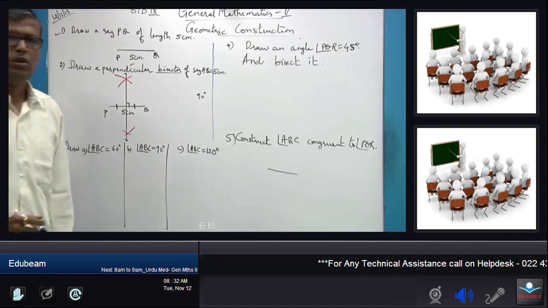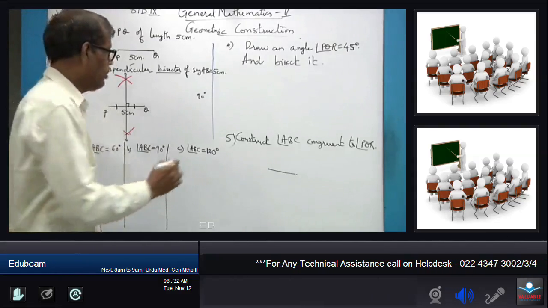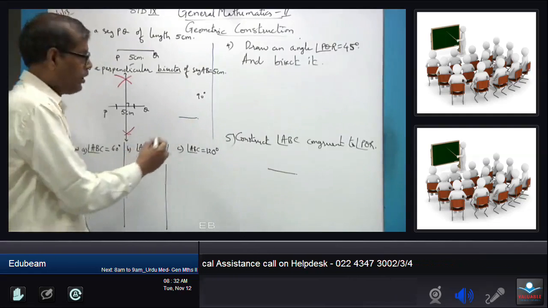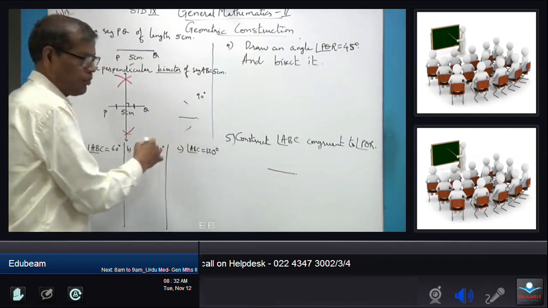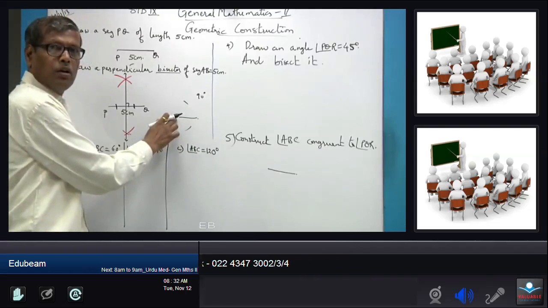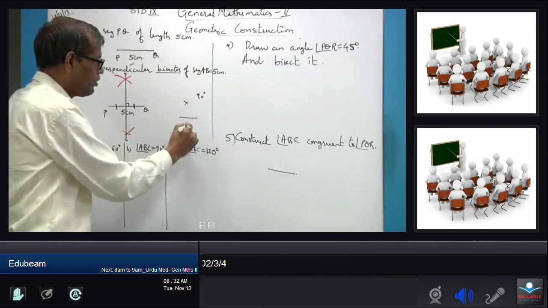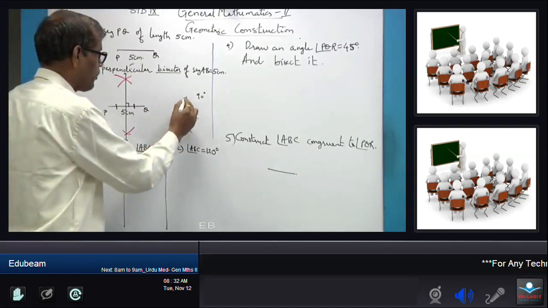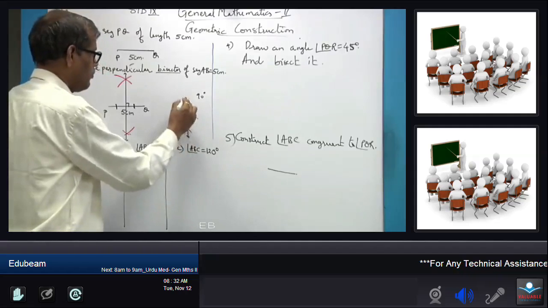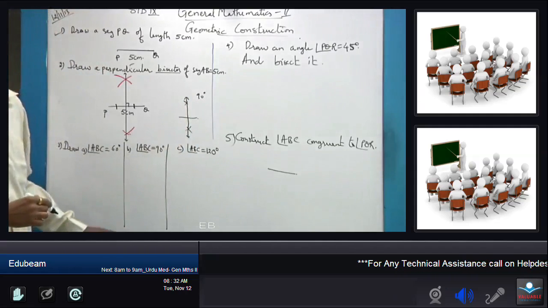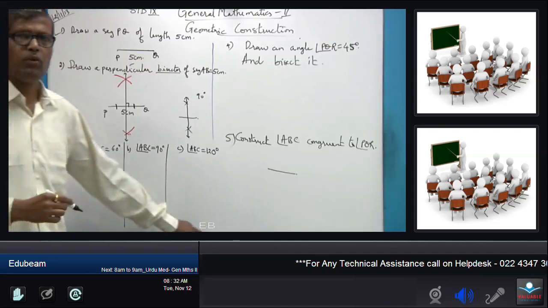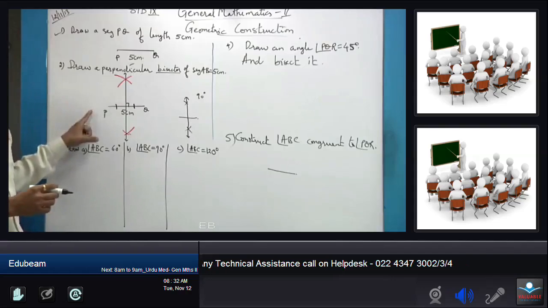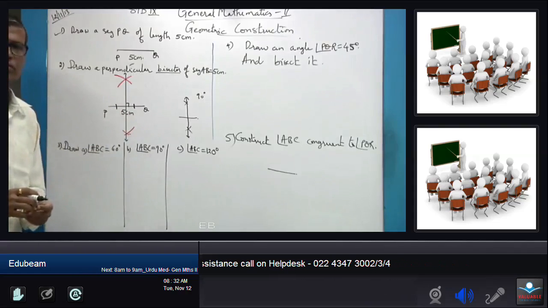So what you are going to do: you are going to take the 5 centimeter measure because he is giving you the measure, with this compass on the top and bottom with the same point. With the other end you are going to cut it. When you cut it, you will get this as perpendicular as well as bisector. So this is the second part of your second question, and two parts you are going to do: the first one as it is, and the second one is the perpendicular bisector.